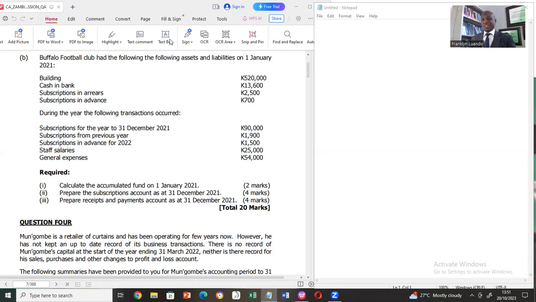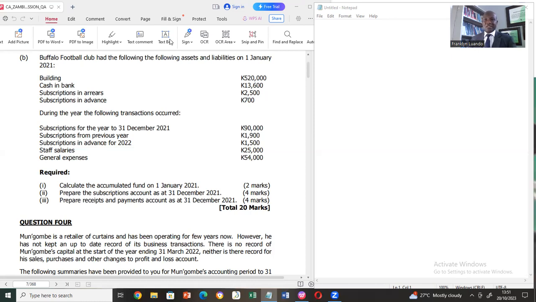Now, let me address the sources of income for clubs, because today we are specifically looking at clubs. Sources of income for the clubs: we have subscriptions which members pay. We have gate takings. For example, football clubs, when they have a match, for you to go and watch the game, you need to pay.